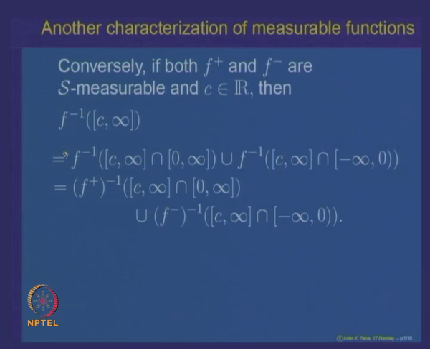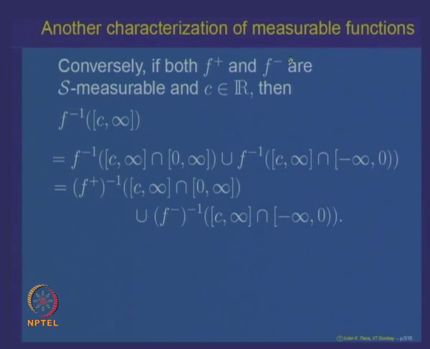So, the first inverse image is nothing but the inverse image of this same interval under f plus, and similarly the second one is the inverse image of the interval c to infinity intersection with minus infinity to 0 with respect to f minus. So, the part of the function which lies in 0 to infinity is written as the inverse image under f plus of an interval, and the other part is written as the inverse image under f minus.